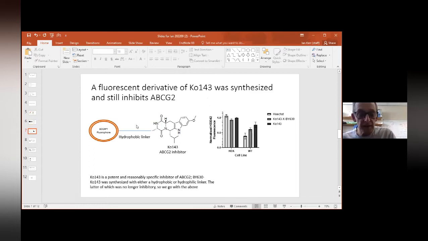So this SNAP-tagged version of the transporter is at the cell surface and it's functional in a transport assay. And what we then designed and made was a version of KO143 bound to a BODIPY fluorophore. So KO143 is a specific inhibitor, or reasonably specific inhibitor, to be correct for Michael's benefit, of ABCG2. And when we add this BODIPY fluorophore to it, it still retains that inhibition, which is shown on the right-hand side of this slide.